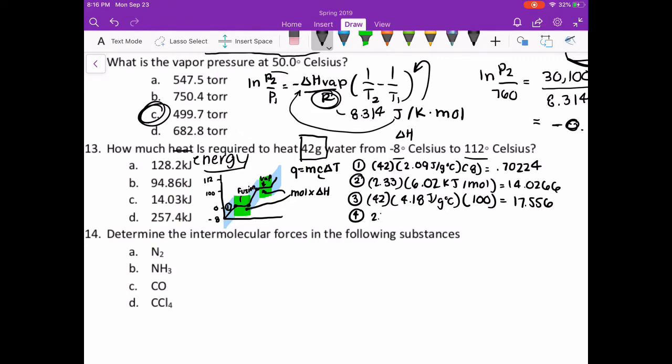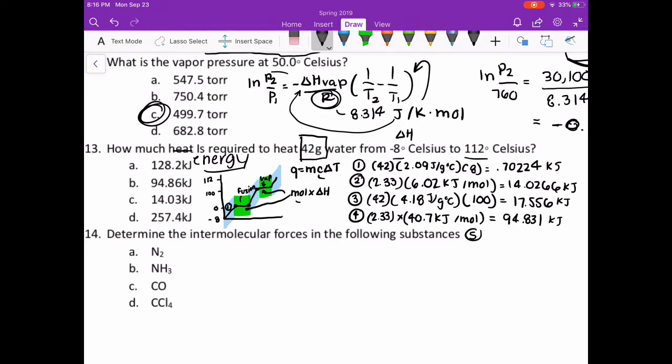For step 4, it's vaporization, so 2.33 moles times 40.7 kilojoules per mole. When you put that in your calculator, you should get 94.831 kilojoules. I'm going to write those units out just so they're concise.